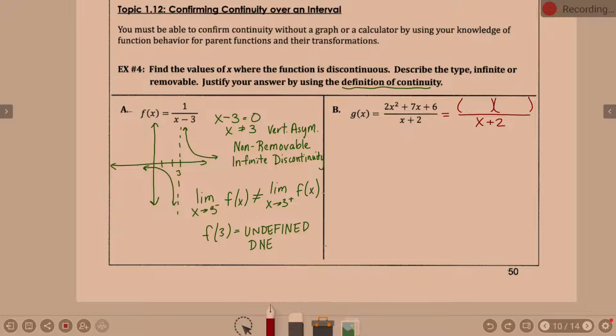2x squared is easy to break up, right? 2x squared is going to break into 2x and x. Now, 6 has a few options to break up. But if we're guessing it might cancel, one of my factors is likely going to be x plus 2.